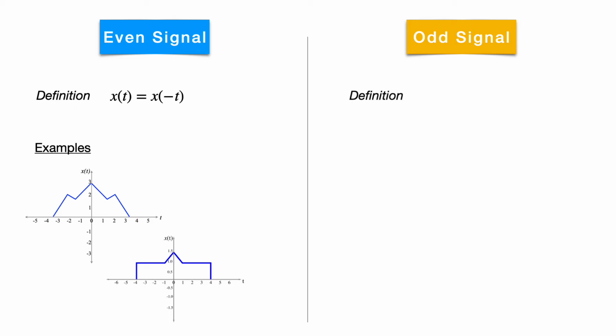And the odd signals are such that when the signal is reflected, it is not equal to, or does not look the same as the original signal, but if we flip the reflected signal vertically, then it looks the same as the original signal. How? Let us see this signal.